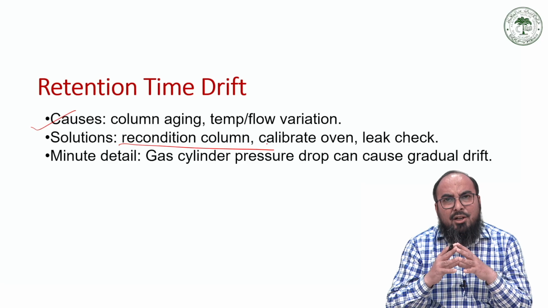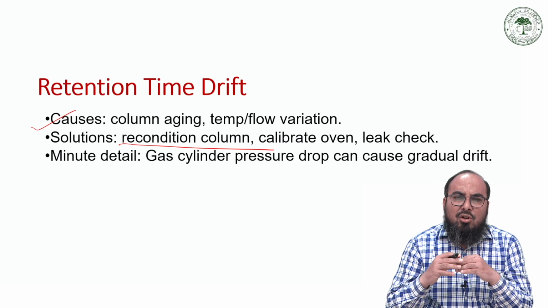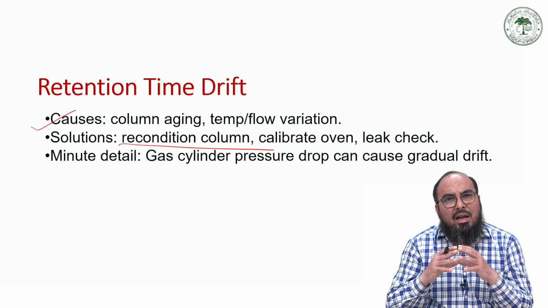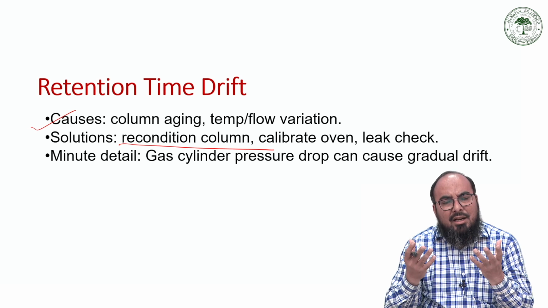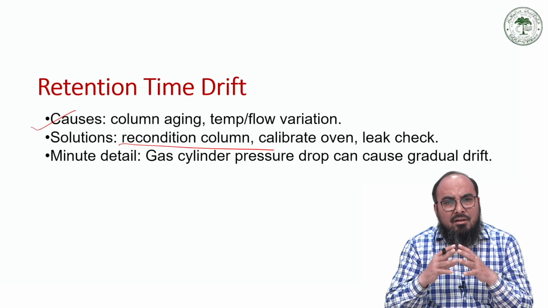You have to calibrate your oven. For example, if you are using an isothermal column, then sometimes what you have to do is run your column and increase the temperature a little more, for example to 250 degrees centigrade, then the analytes which you have already analyzed, which are stacked in it, can be vaporized.